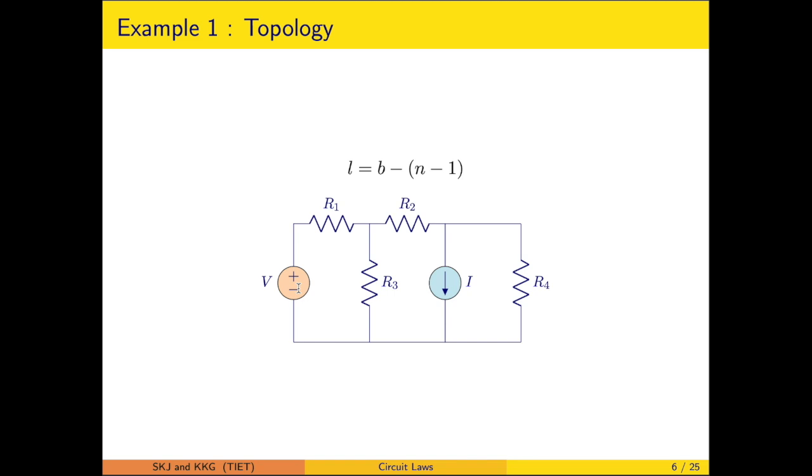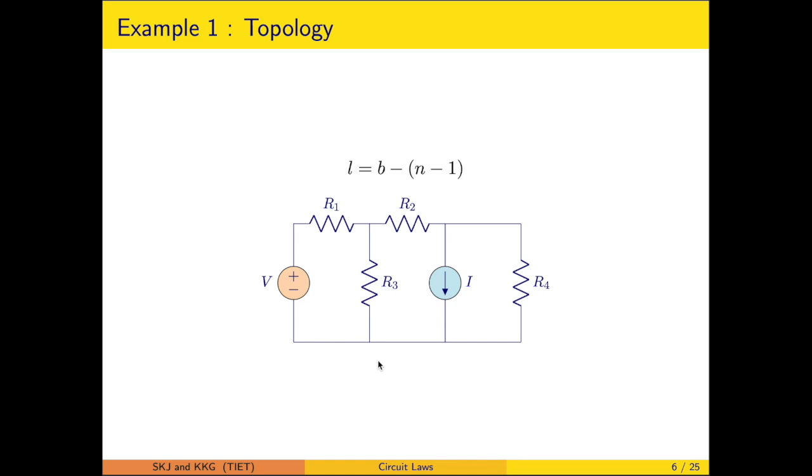A node is the interconnection of two or more elements. If there is no presence of an active or passive element, then that will not be a node. So let's say there is only a conducting wire; it is not a node.